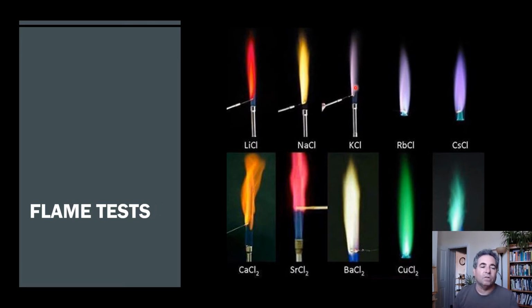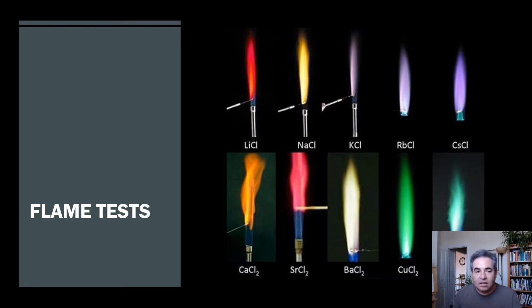Take a look at these pictures that I have here. Here you've got different metals. We've got lithium, sodium, potassium, rubidium, cesium, calcium, strontium, barium, copper, thallium. And they're emitting different colors of light, very different colors.